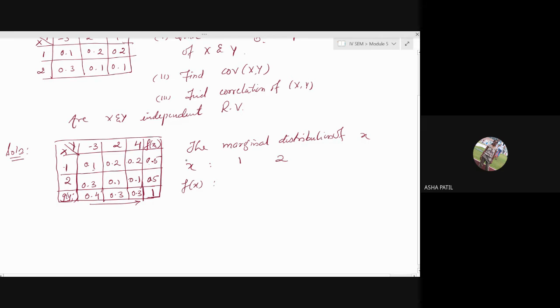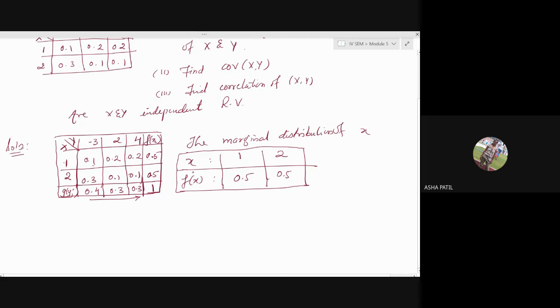X is taking the value 1 and 2. The corresponding value of f of x is 0.5 and again 0.5. So this will give you the marginal distribution of x. You can write this in terms of a table. Or else, if you write that the last column indicates the marginal distribution of x, it is okay.